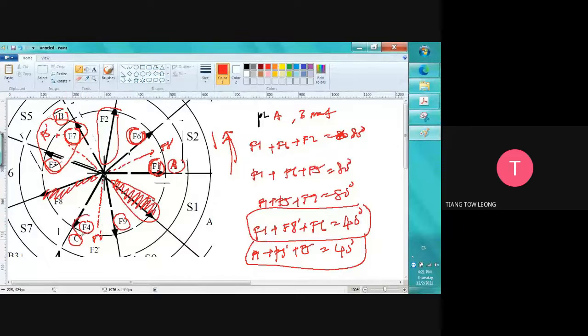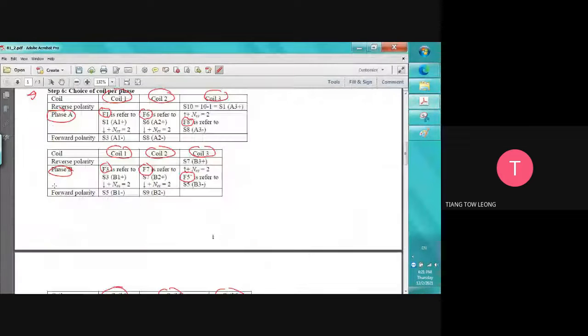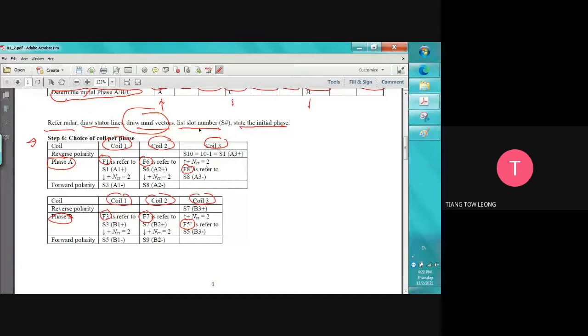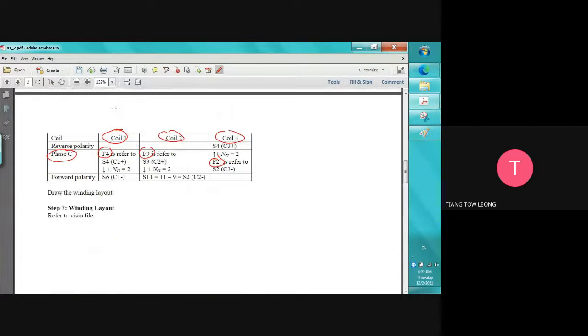So we choose F4, F9, and F2 prime for phase C. Okay. Now after we choose it, copy down: 1 to 1, 6 to 6, 8 to 8, 3 to 3, 7 to 7, 5 to 5, 4 to 4, 9 to 9, 2 to 2.